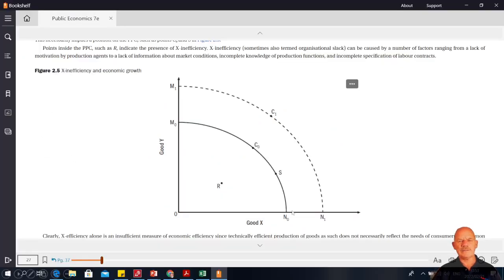Now finally, how do we grow? We have the production possibility curve. If there's some technological improvement or something happens and we can produce more, this is how we will show growth in this little model. And if we move from, say, C0 to C1, then the consumers will have more between them to share and to exchange between each other.